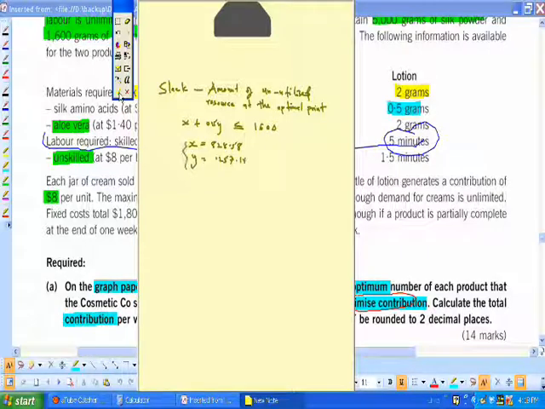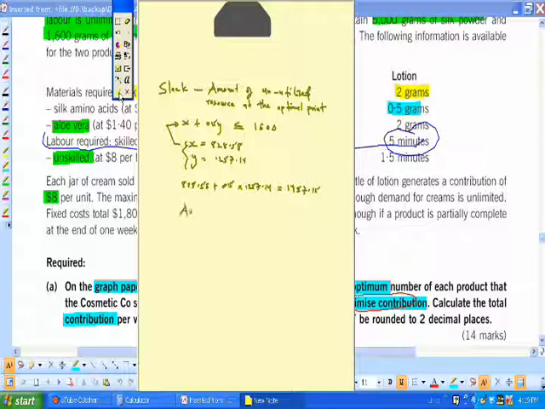Substituting these values into the equation, we get 828.58 plus 0.5 times 1,257.14, which gives you 1,457.15.